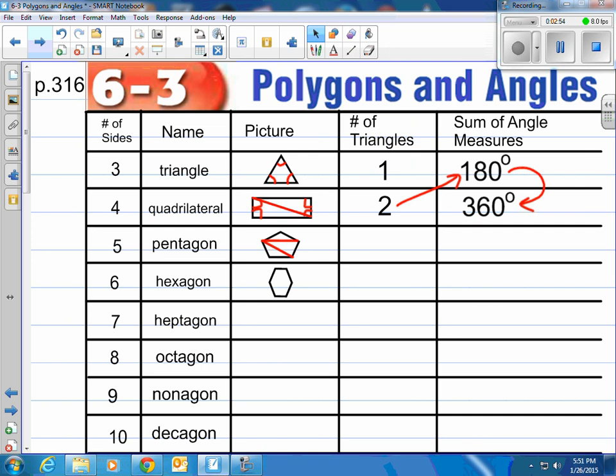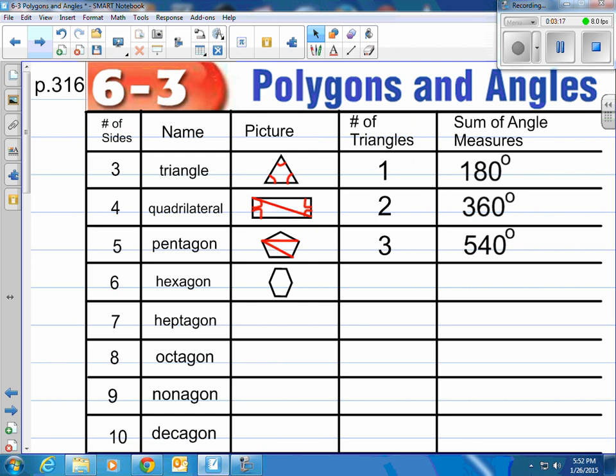And if you notice, now we have 3 triangles. If we have 3 triangles, we take 3 times 180, and of course, that's going to equal 540 degrees. So the total angular measure of all 5 angles added up in the pentagon will equal 540 degrees. That's true for any pentagon in the whole wide world.